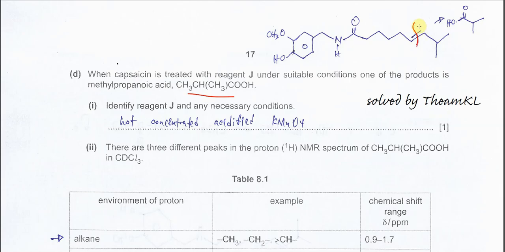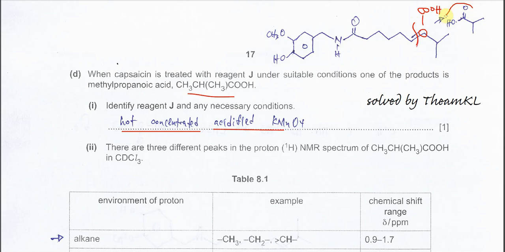After the bond breaks, we need to use hot concentrated acidified KMnO4 as the reagent under this condition. So this CC double bond will get oxidized. This carbon has one alkyl group and one hydrogen, so after the bond break and oxidation, this carbon will form COOH.